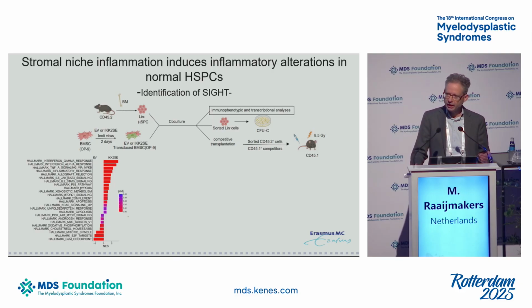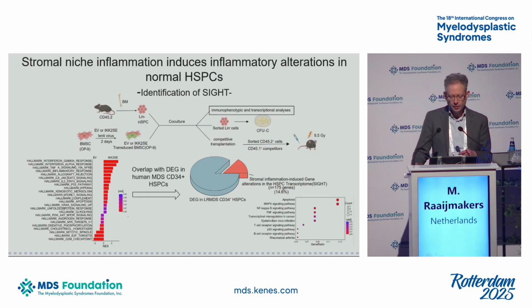If you look more specifically and ask the question, how much of these changes in this experimental system do we actually see in human disease? We concluded that about 15% of the differentially expressed genes in hematopoietic stem progenitor cells in low-risk MDS, in comparison to human normal marrow, is actually induced by this system, which may indicate that a considerable part of that transcriptome may be inflammation-driven or even stromal inflammation-driven.